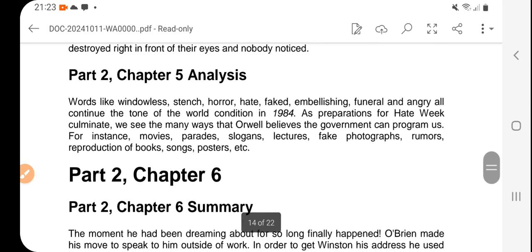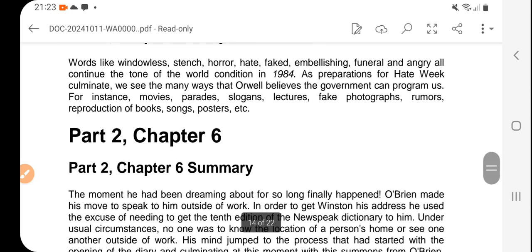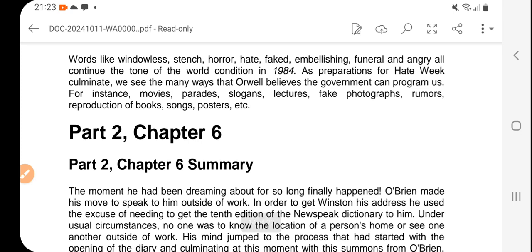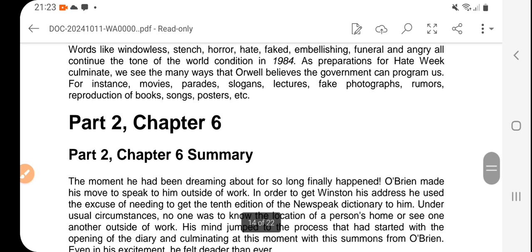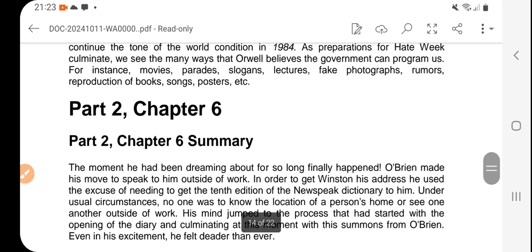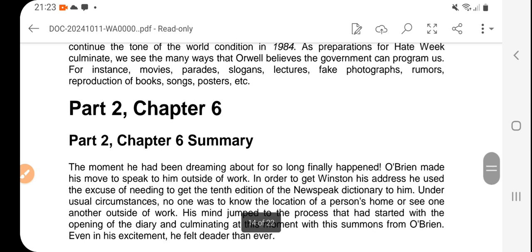Words like windowless, stench, horror, hate, faked, embellishing, funeral, and angry all continue the tone of the world condition in 1984. So, as perpetrations of hate culminate, we see the many ways Orwell believes the government can program us.